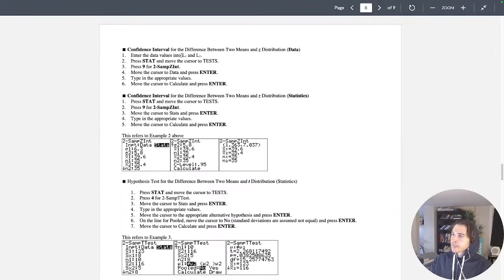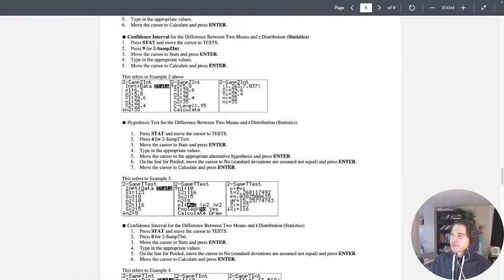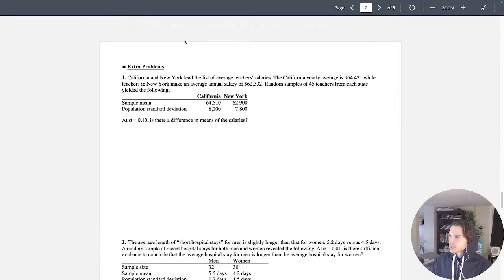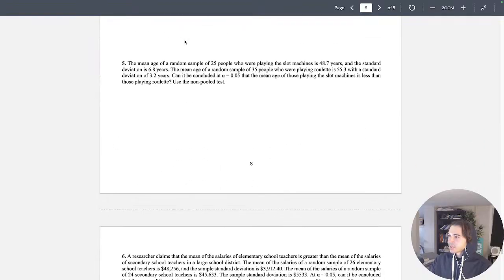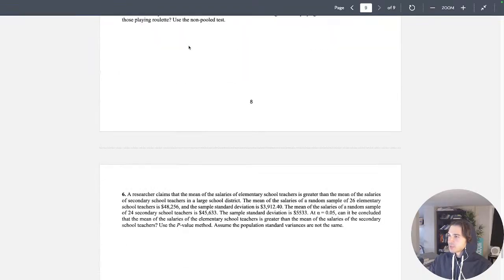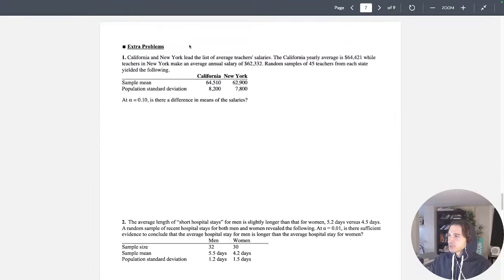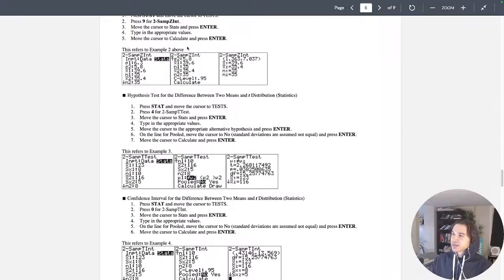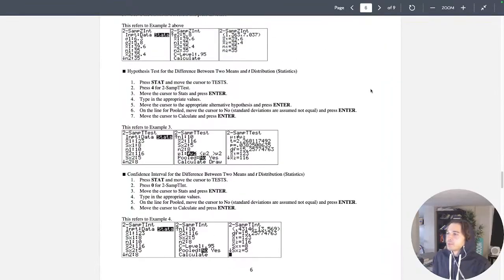Confidence interval, if you have data, you enter in the data, two sample z-int, keep pressing enter. If you don't have data, two sample z-int, and you put in your values, you press enter. Oh my gosh, it's just a bunch of telling me how to type on my calculator. Alright, well these are just examples, so let's finish off with reading some lovely calculator functions, because who doesn't love to just use a calculator to answer a problem?